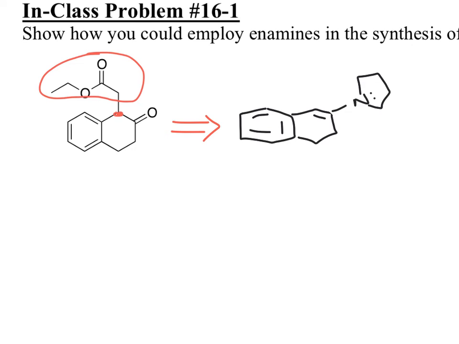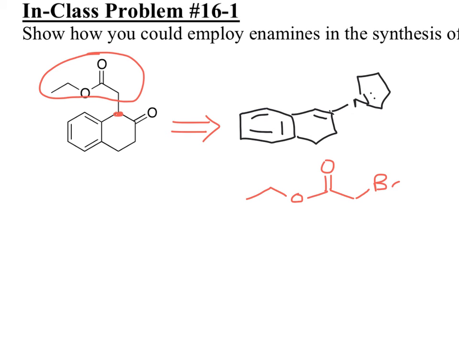And like I said, the piece circled here in red would be our electrophile, so I will draw it in red. And we have to have some leaving group here, and we'll just use a halogen, so bromine. And if you notice here then, here are the two pieces. Here's the enamine that it came from, here's the electrophile.